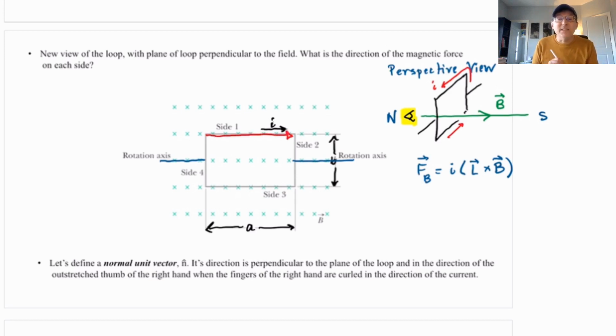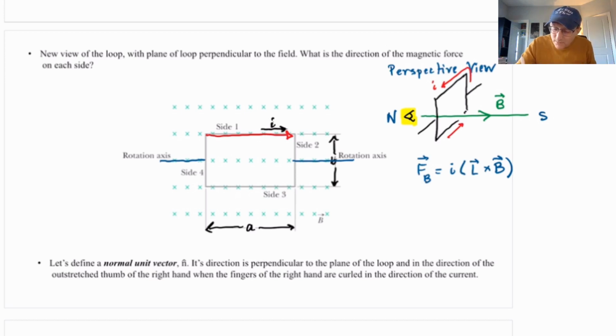And the B is into the screen. So take a moment, practice with the right-hand rule, do the two-pen approach. I'll use a red pen for L and a green pen for B. And as I'm looking at this, L points to my right and B points into the screen away from me. And I do L cross B, don't do it the other way around, don't do B cross L, that would be wrong. L cross B, with the right hand, your thumb points up.